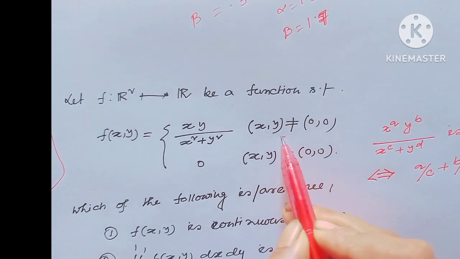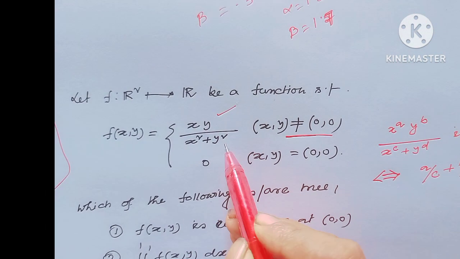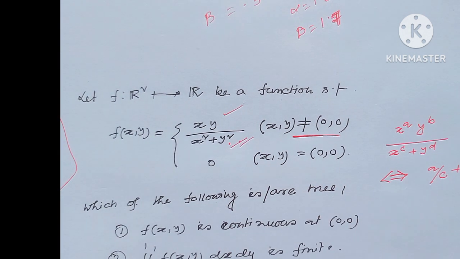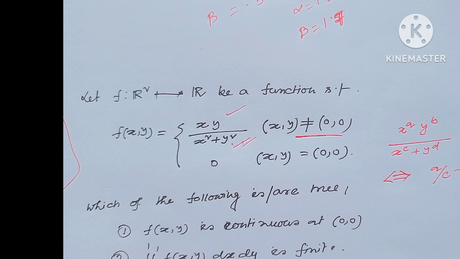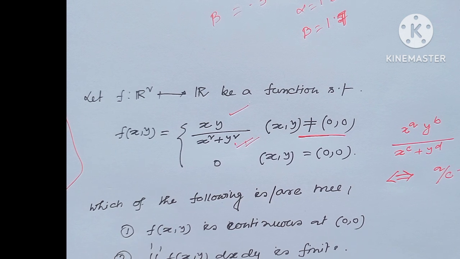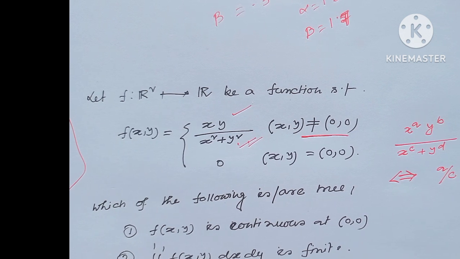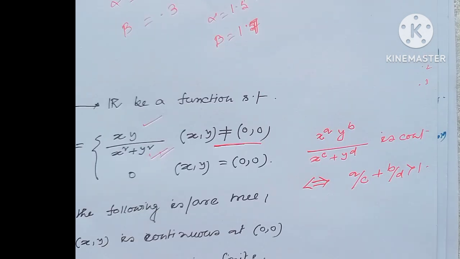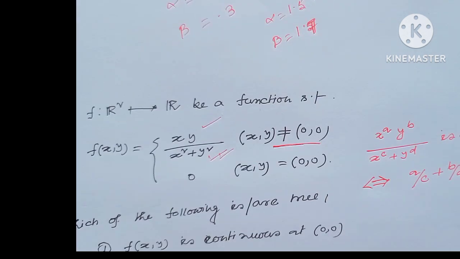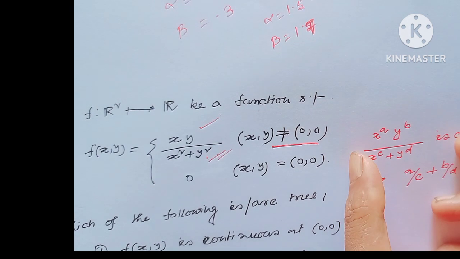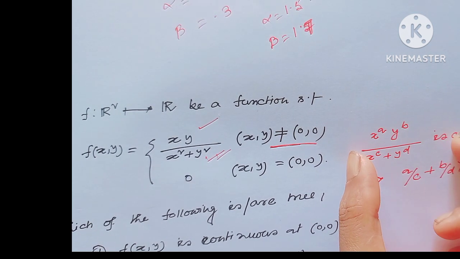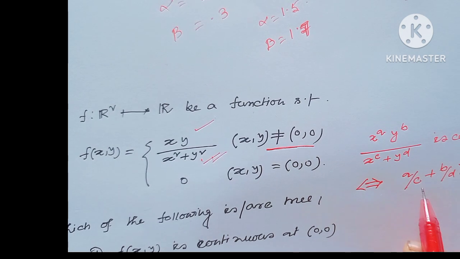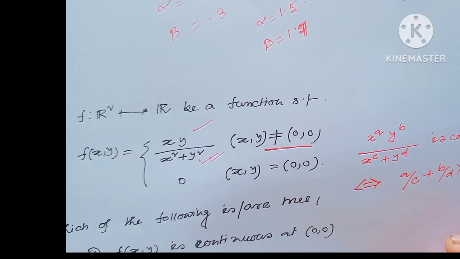Here, when (x,y) is not equal to (0,0), since the numerator is a polynomial function and the denominator is also a polynomial function, obviously this is continuous, but we only have to check continuity at the point (0,0). For this, we have seen a few minutes ago, for this type of question, the function is continuous at (0,0) if and only if a over c plus b over d is greater than 1.